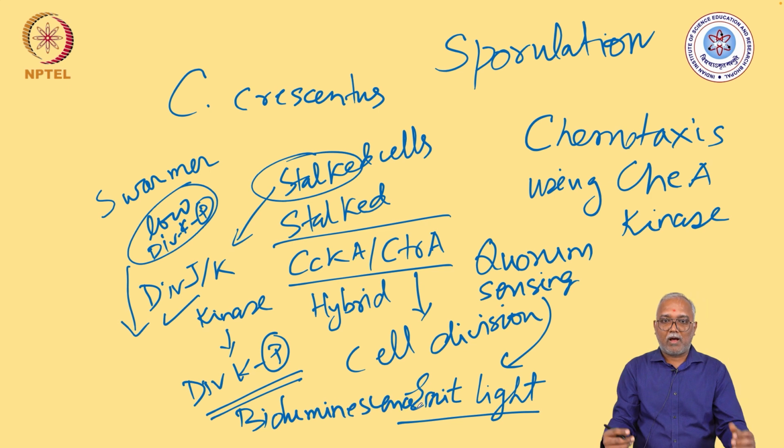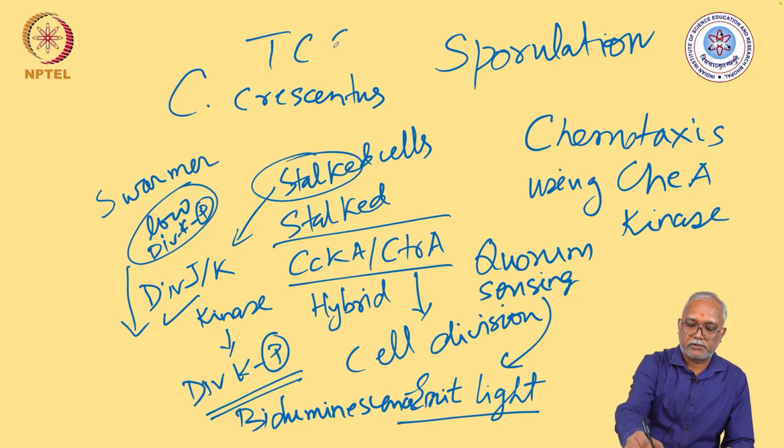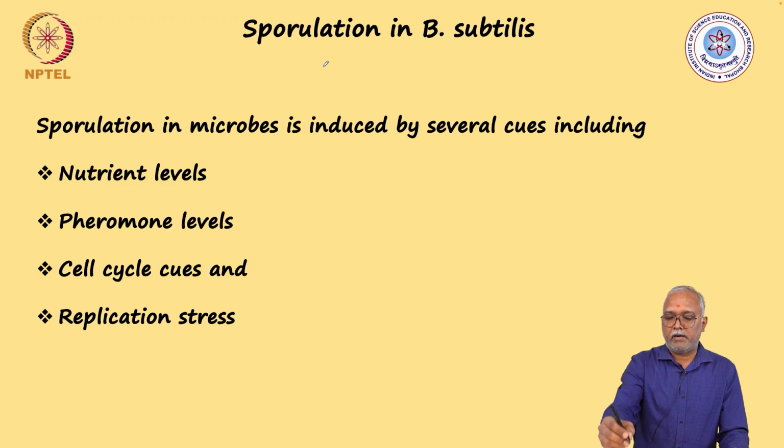We will also notice how some of the very complex processes which we see in higher eukaryotes are also present in bacteria when they are signaling through two-component system. So let's see about the sporulation in Bacillus subtilis.